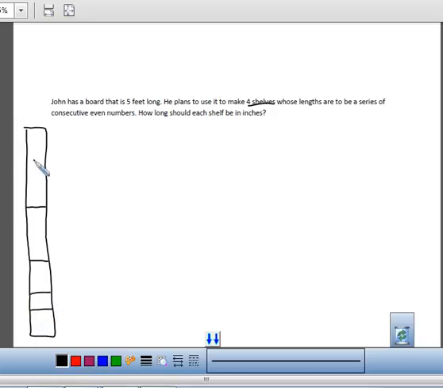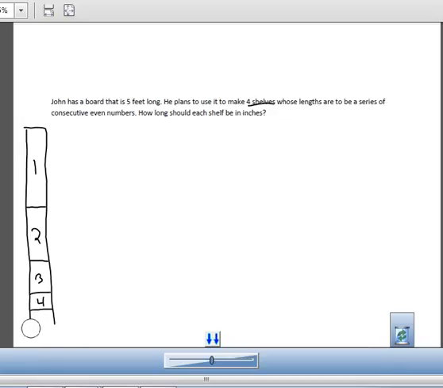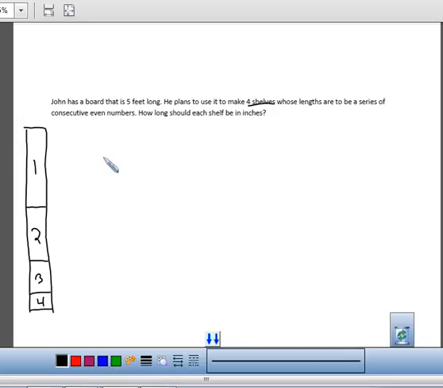Okay, so 1, 2, 3, 4. Now I didn't obviously space it out perfectly, so let me erase the bottom of that. There we go. So if you're thinking about the shelves as they're hanging up, you've got the longer one, then the next longest, and the next, and then the next. How long should each shelf be in inches?